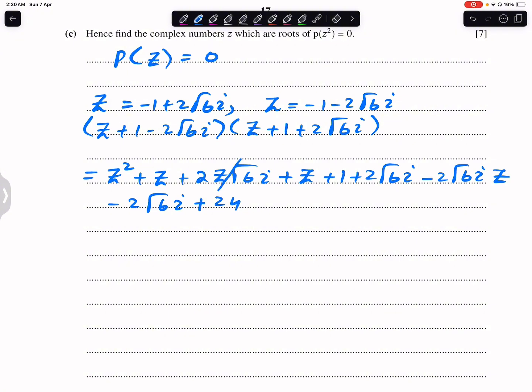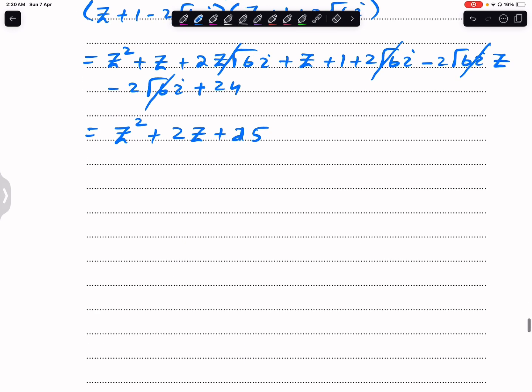So you can see that all these values will be cancelled out. So z square plus z is 2z and then plus 1. Sorry, plus 25. So this is my quadratic factor.